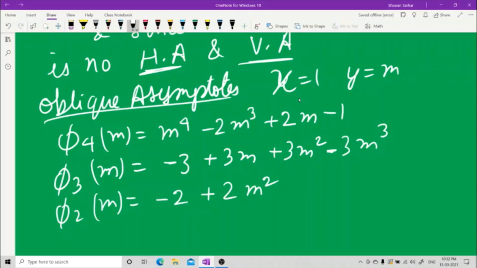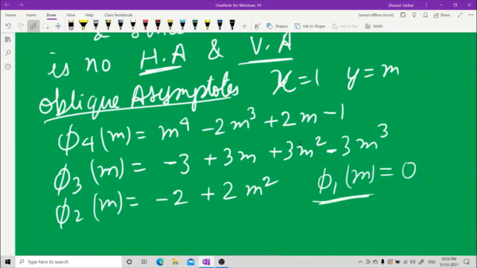And now in here, there is no phi 1 because there is no single power of x and y. Dekho. Why is phi 1 of m 0?